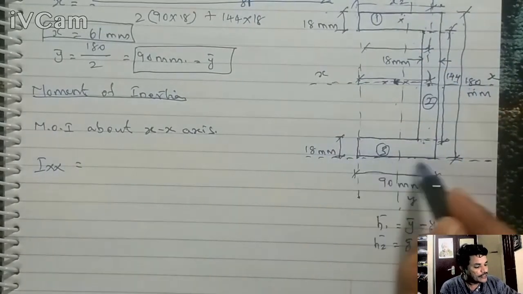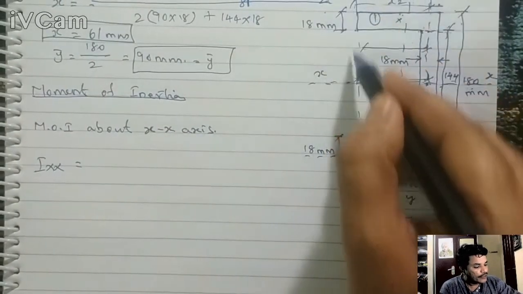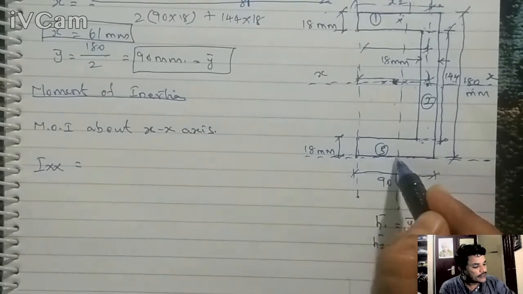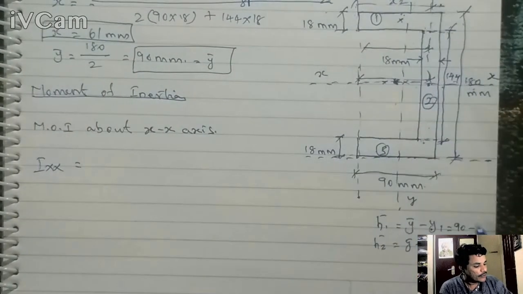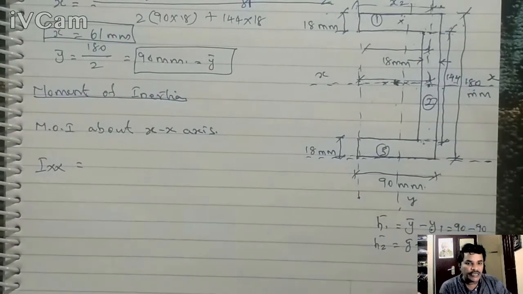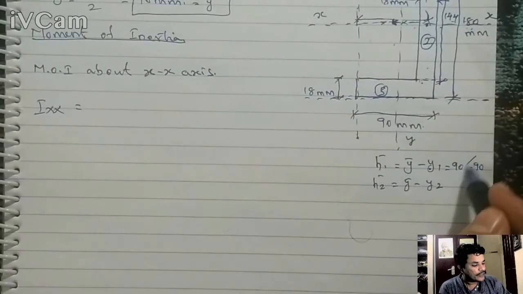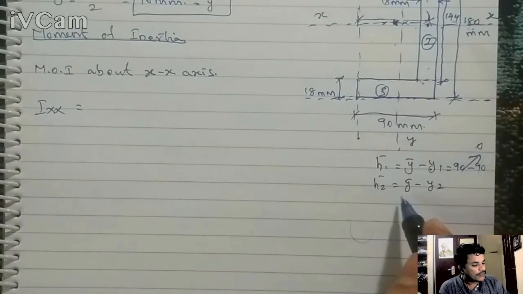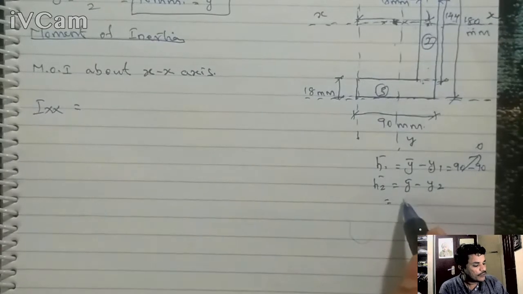What is y1 from the base? The same 180 by 2, 90 mm. So 90 minus 90, 0.